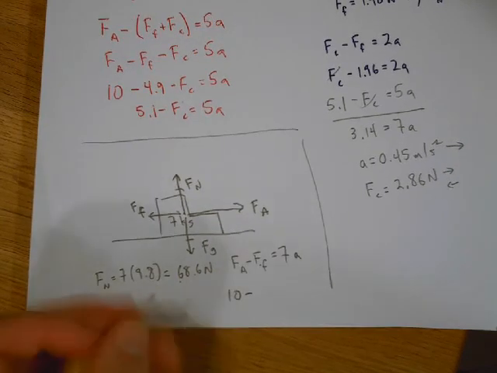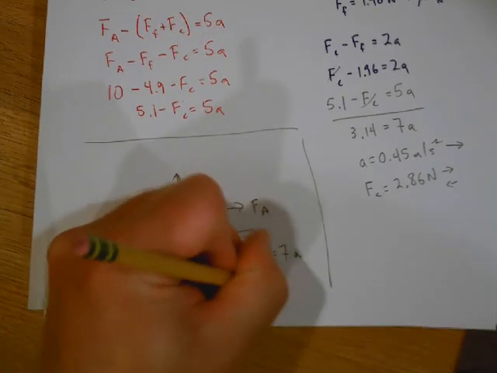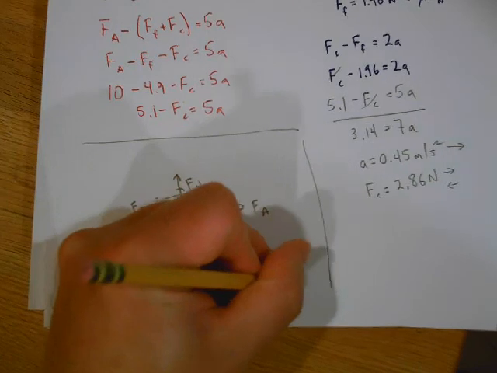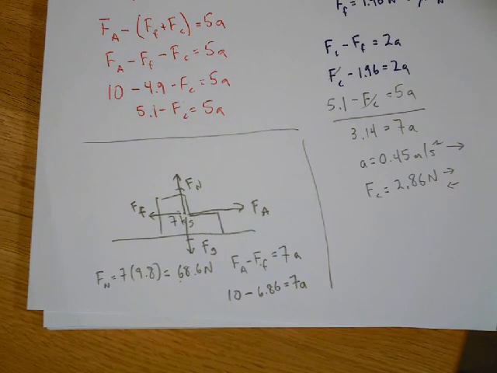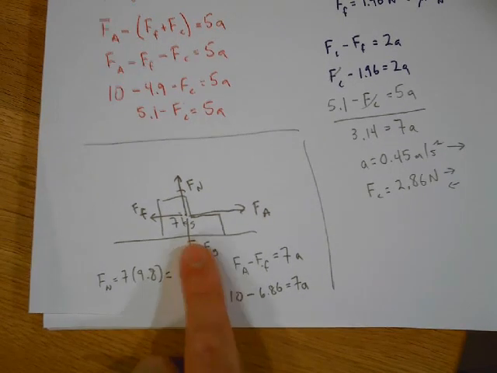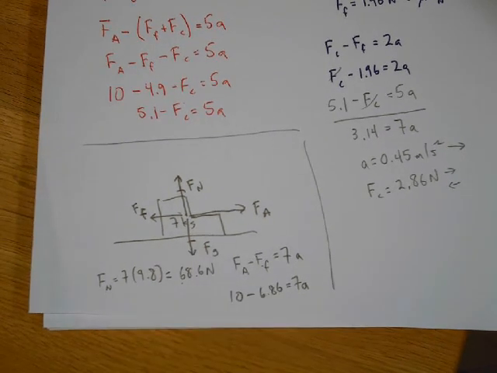Ff is going to be 68.6 times 0.1, which is 6.86. And if we do the math, 10 minus the answer and divide by 7, and wow, you get the same thing. How amazing.